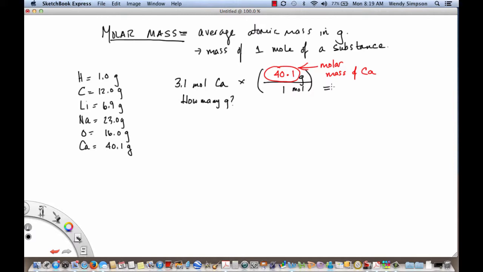So we'll have 40.1 grams times 3.1, and we'll get 124.3 grams of calcium. Now, if we're expressing this to significant digits, remember that we only have 2 significant digits here. So rounding this to 2 sig figs, I know it's been a while, this would round to 120 grams of calcium.